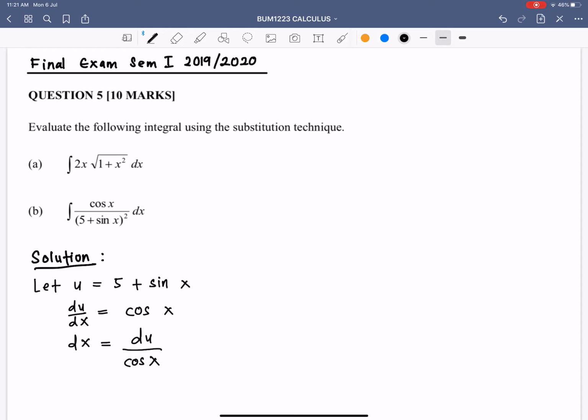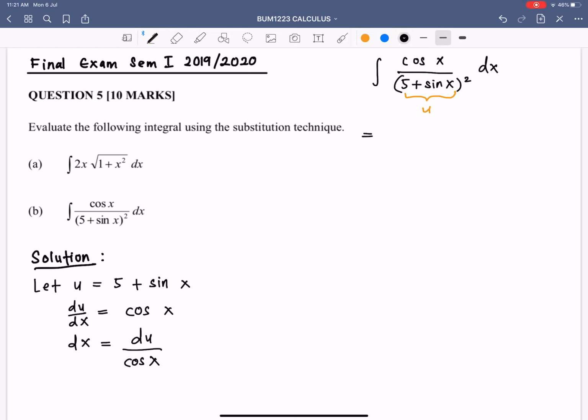So the integral of cos x over (5 plus sine x) squared dx is equal to, we know that 5 plus sine x is u.